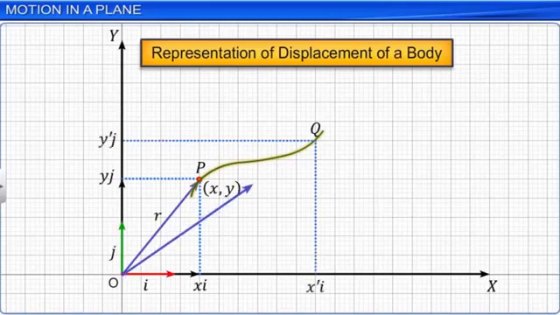Join P and Q with a straight line. Display an arrowhead at Q. This line PQ with its arrowhead represents the displacement vector delta r.